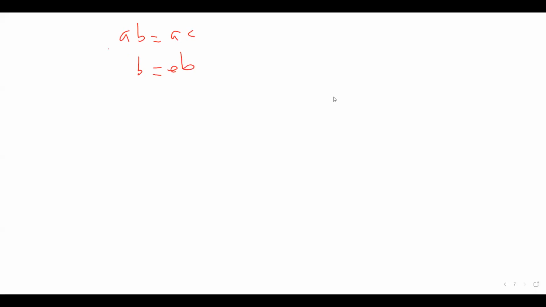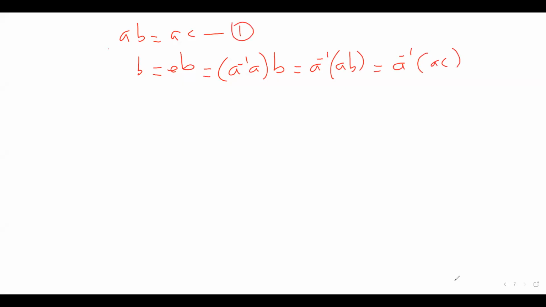B is the identity times B, and because we know that this is the identity, the identity is nothing but A inverse of A times B. This is nothing but A inverse of AB. You can rewrite that, and this is nothing but A inverse of AC, because we are saying that AB is equal to AC.